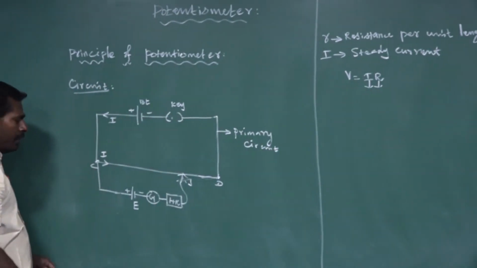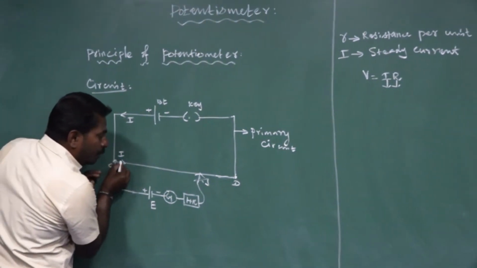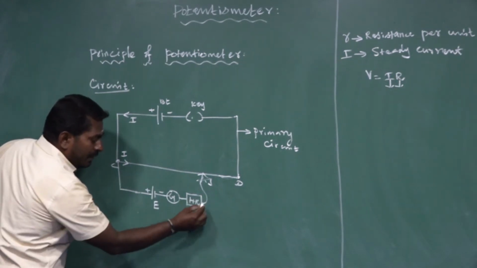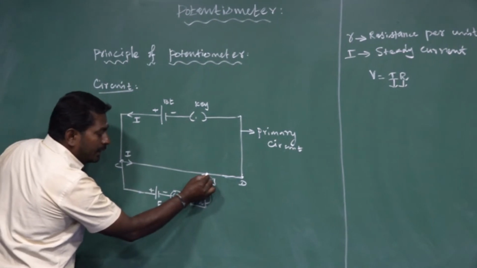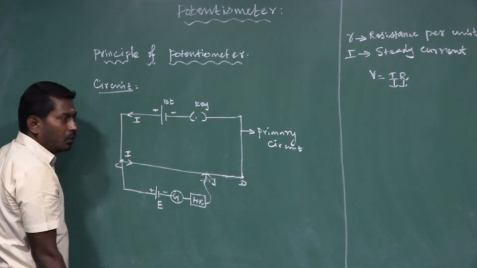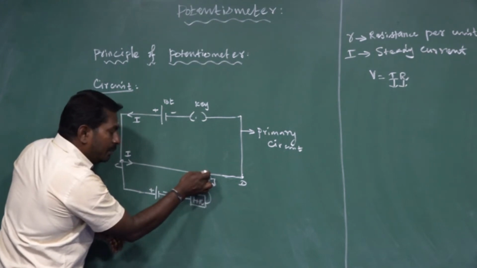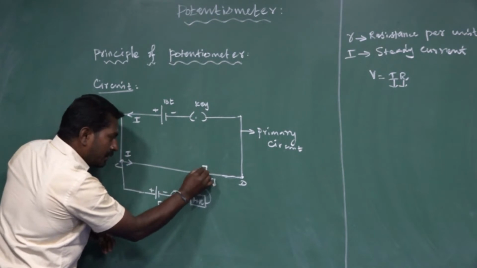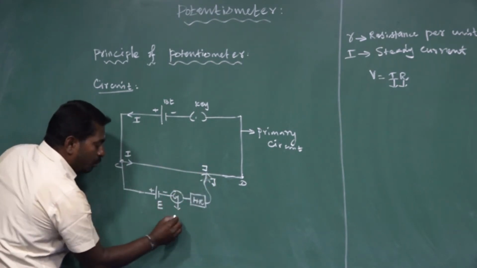Now, the steady electric current is established through the potentiometer wire. Now, take a metal jockey. That metal jockey may make electrical contact at any point on the potentiometer wire. So the metal jockey may contact any point on the potentiometer wire. At this point, the galvanometer shows a zero deflection.